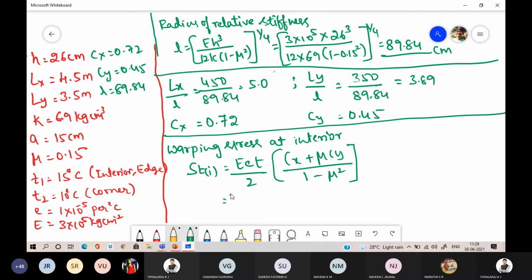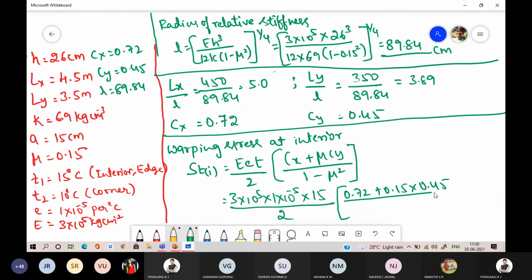So E is 3 into 10 power 5, small e is 1 into 10 power minus 5, T at interior edge, the temperature, is 15, divided by 2. Cx is 0.72 plus 0.15 into 0.45, divided by 1 minus 0.15 square.